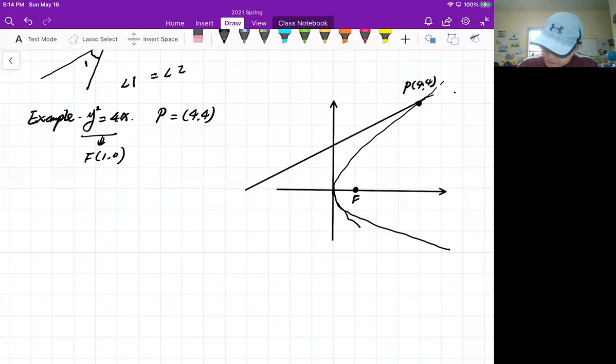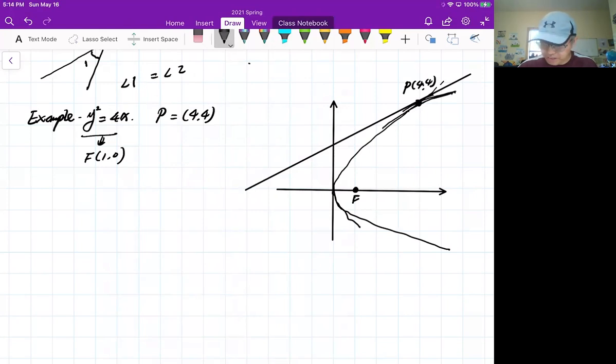So the tangent line is supposed to be like that. That's a tangent line. Anyway, I'm not good at drawing the parabola. So the parabola is like that, and you got a tangent line here.